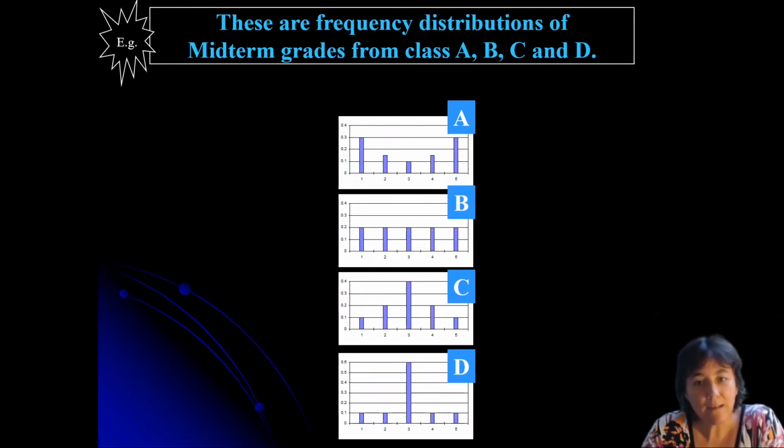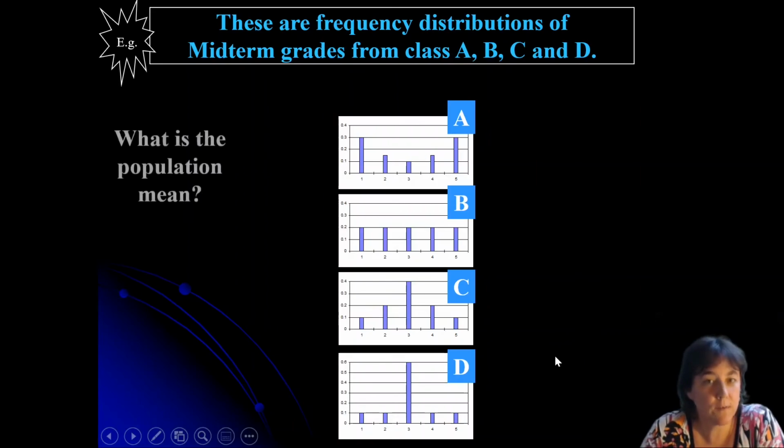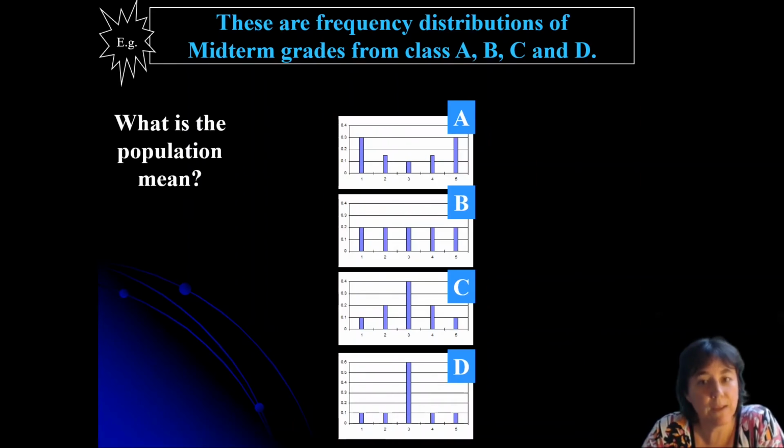And this last slide shows you a way of thinking about how the descriptive measures characterize each distribution. These are midterm grades from classes A, B, C, and D, from 1 to 5 in each class. First question, what is the population mean in these classes for the midterm grades?